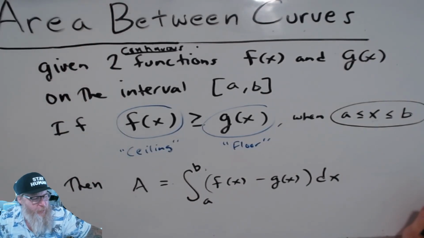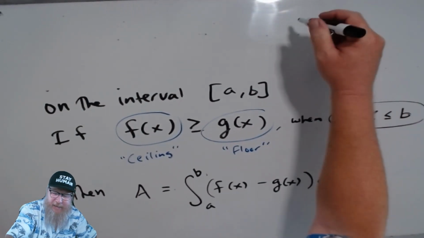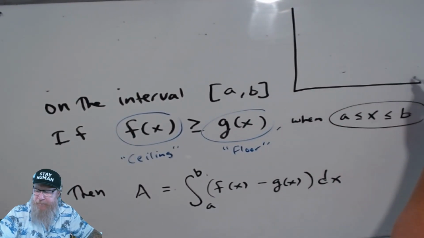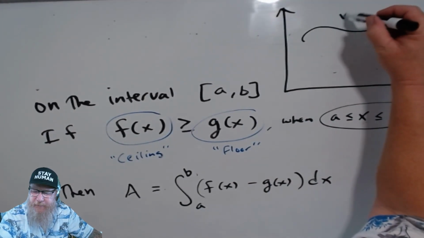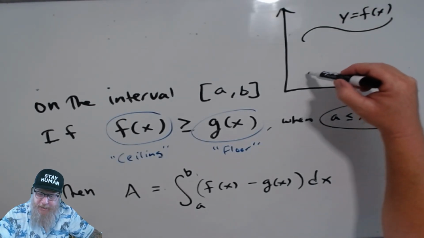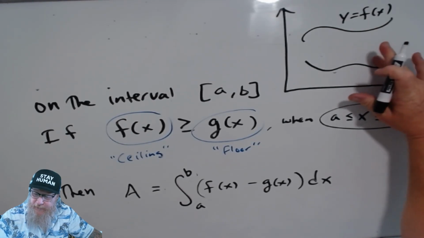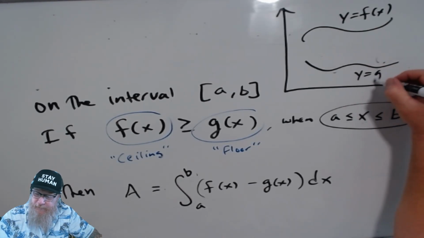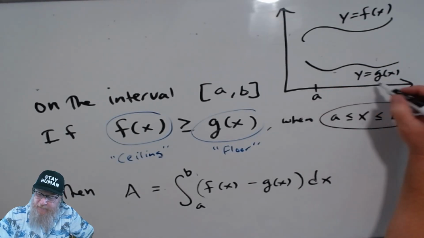The graph is pretty straightforward. It basically looks like f, g, write that down here, a, b.